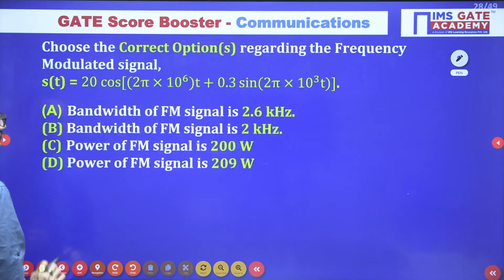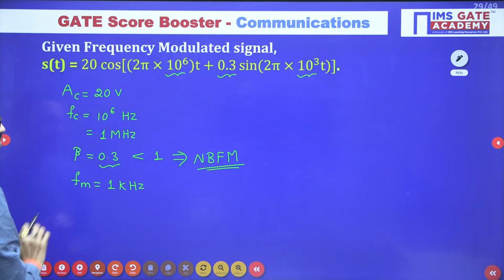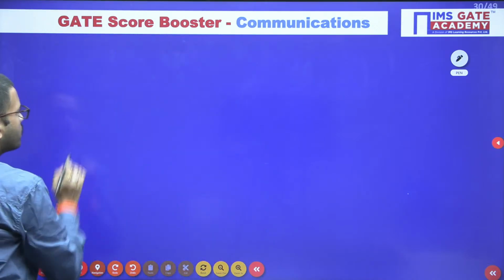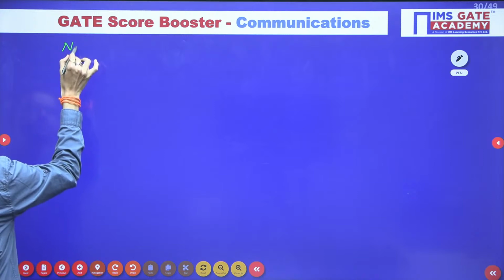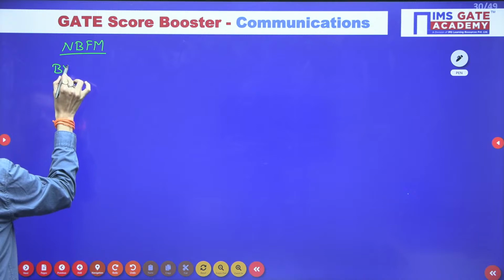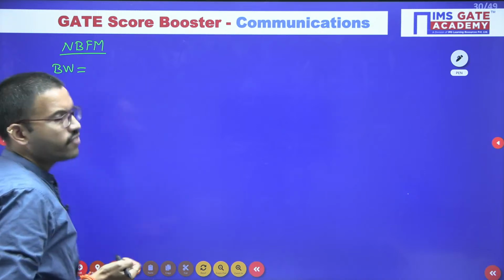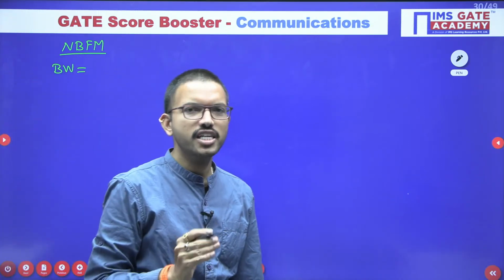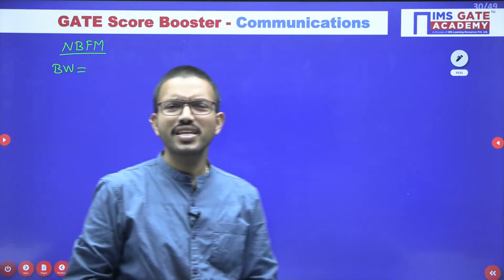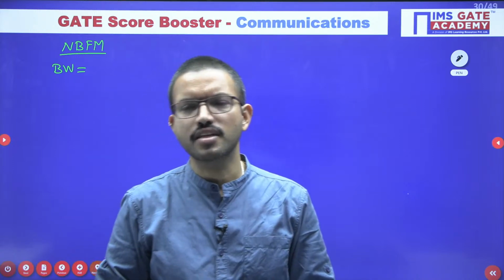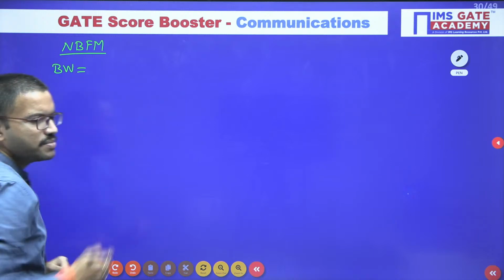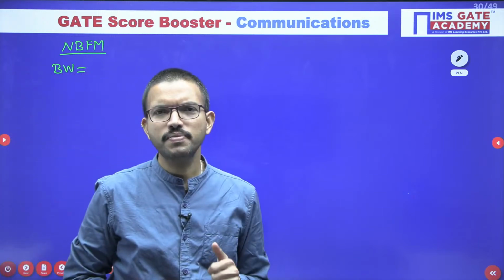Whenever you have narrow band FM, consider the bandwidth of the FM signal. For wide band, we considered 2 into beta plus 1 into FM. But narrow band FM is similar to your AM signal. For AM signal, the bandwidth is nothing but 2 FM.